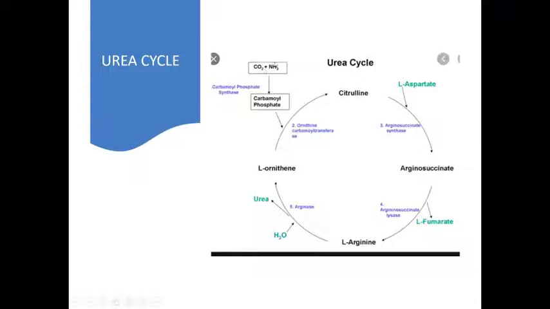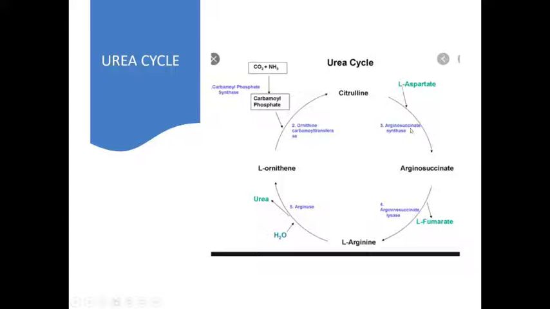Carbon dioxide and ammonia first combine together in the presence of the enzyme carbamyl phosphate synthase, and are converted into a new compound called carbamyl phosphate. Now this carbamyl phosphate combines with another amino acid called ornithine, and ornithine is converted into citrulline in the presence of the enzyme ornithine carbamyl transferase. Another enzyme, argininosuccinate synthase, catalyzes citrulline to argininosuccinate.